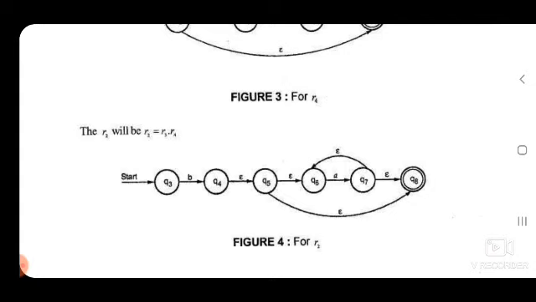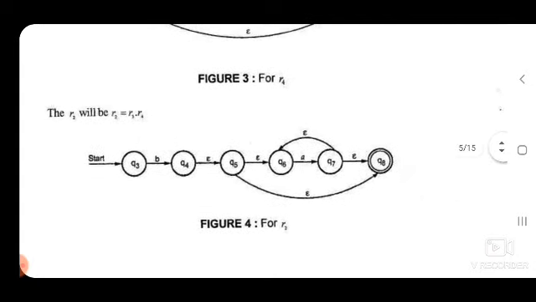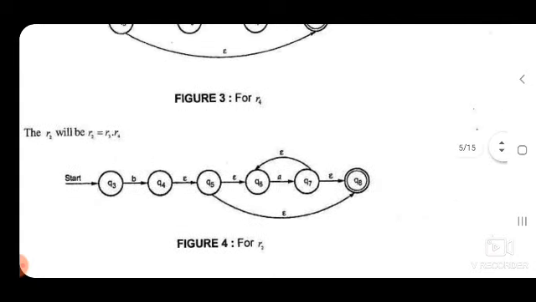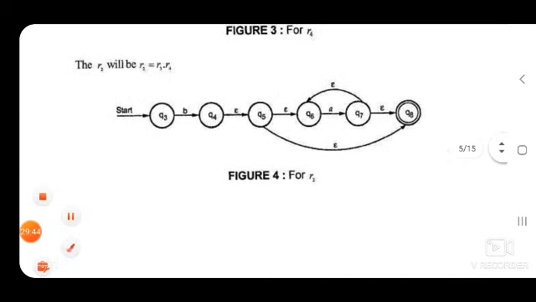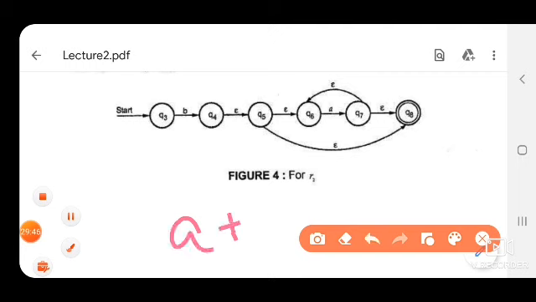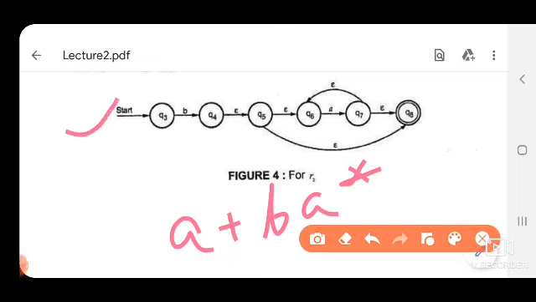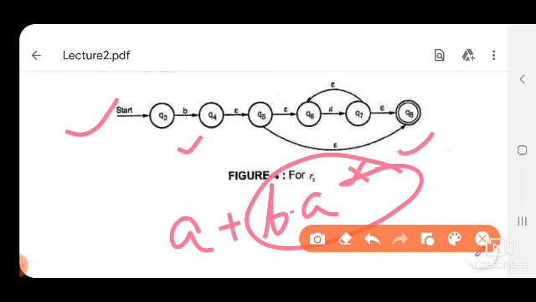Now we have to draw the regular expression for b a asterisk. This figure is for b a asterisk. This means we have a dot operator between b and a asterisk. So, this is for b and this is for a asterisk.